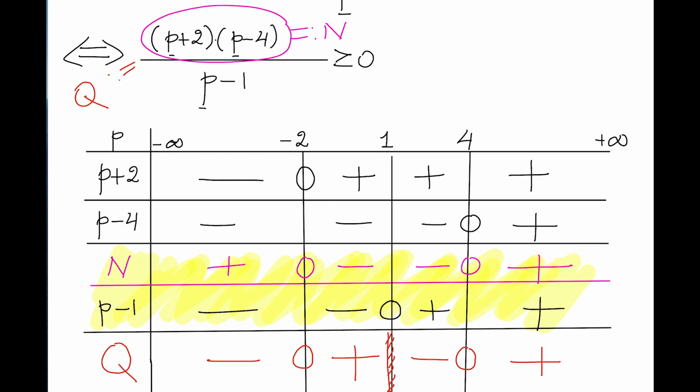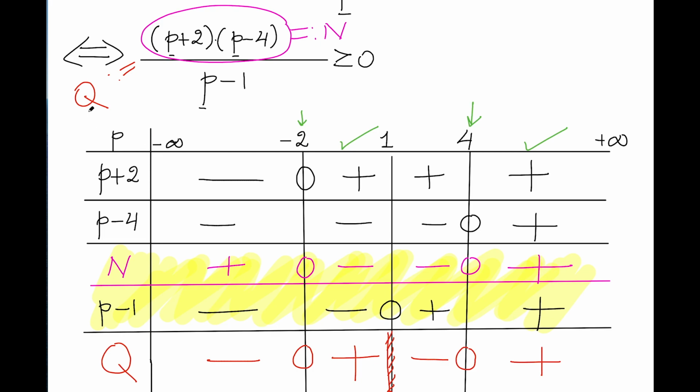Well, as you see from the table, q is positive here, and q is positive here. And q is 0 when p is negative 2, and q is 0 when p is 4. So all these green points are the good points.